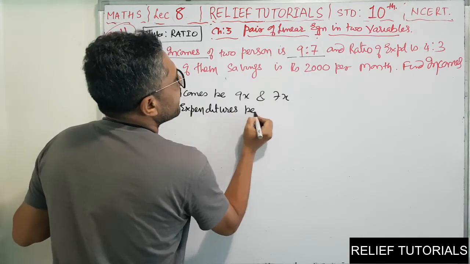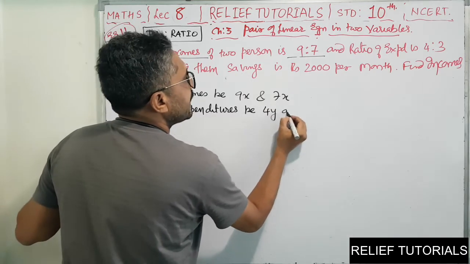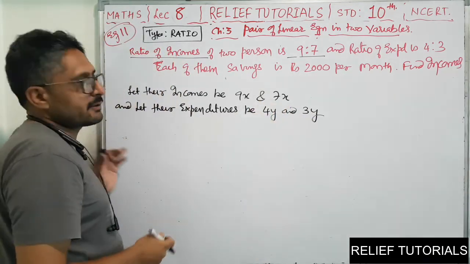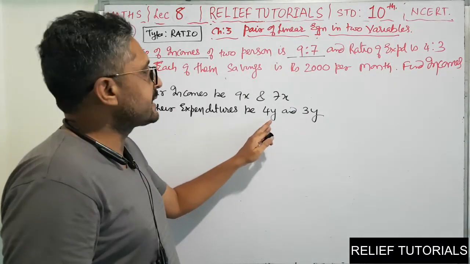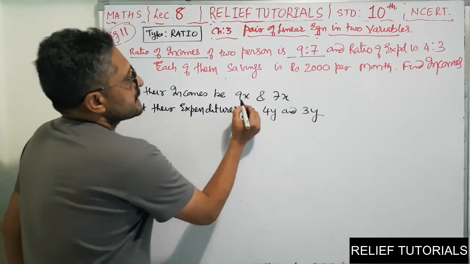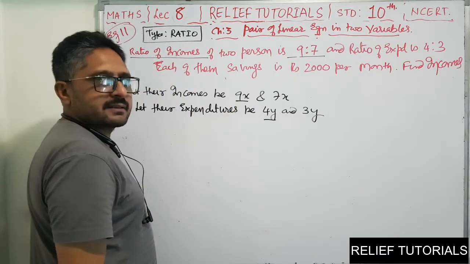4y and 3y. See, here I have supposed the variable x, here I have to suppose some other variable, that is y. Now this is the income of the first person and this is the expenditure of the first person.